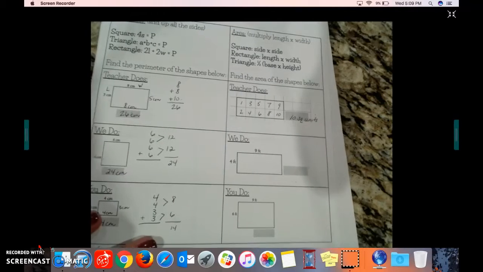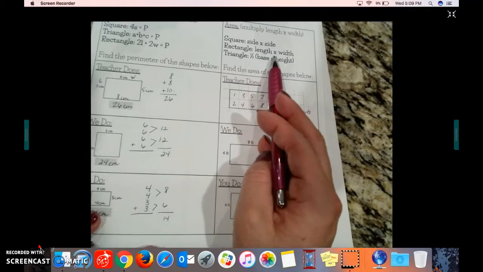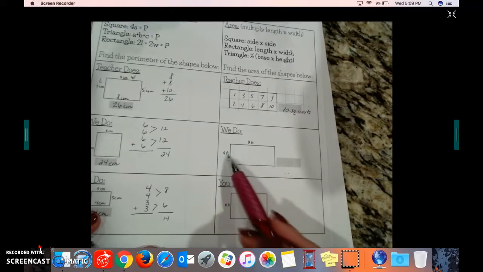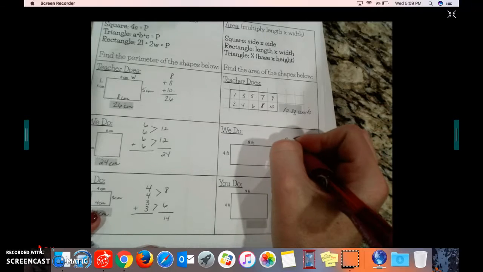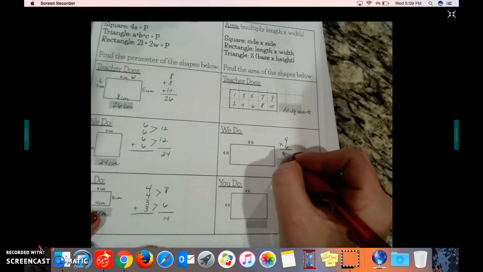Okay? For the next one, we don't have a grid, so we've got to do some math. I know from my formula up above, this is a rectangle because these two sides are not the same. So I know that I can do length times width. So I'm going to multiply the two numbers that I have. So I'm going to take 9 times 6. 9 times 6, if I count by sixes, is 36.